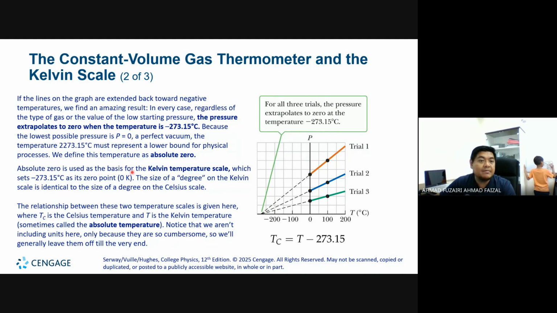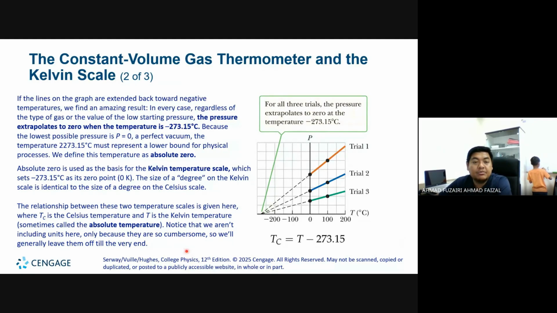But with Kelvin, it doesn't use degree Kelvin, no. Degree Fahrenheit, yes. There is degree Fahrenheit, degree Celsius, but we don't use degree Kelvin. The Kelvin scale is where the pressure is zero, which equals a temperature of negative 273.15 degrees Celsius. So that's what we call absolute zero.